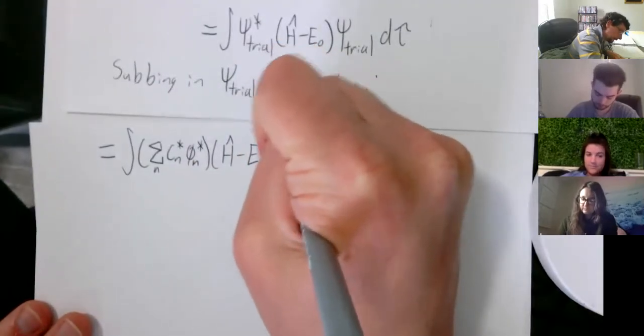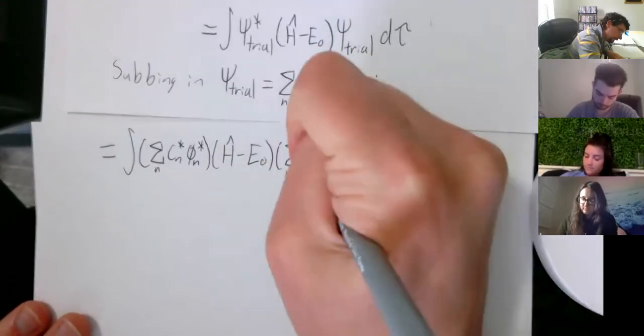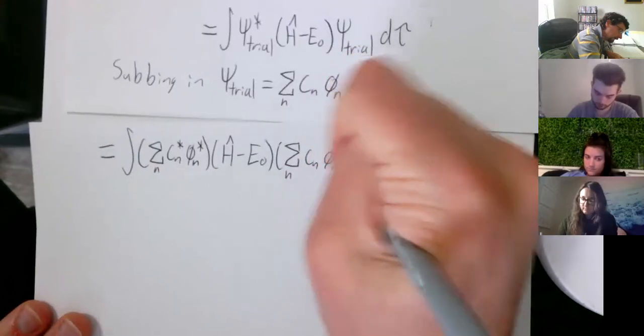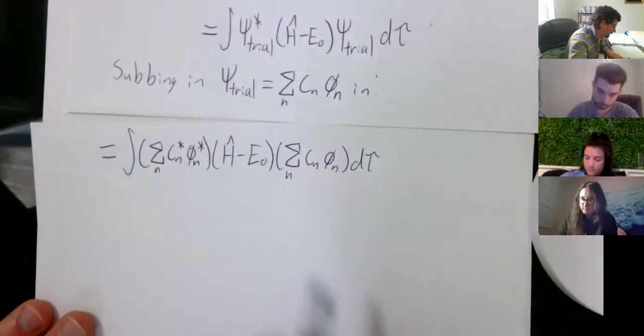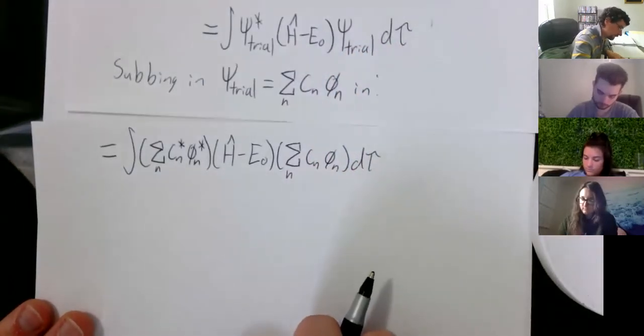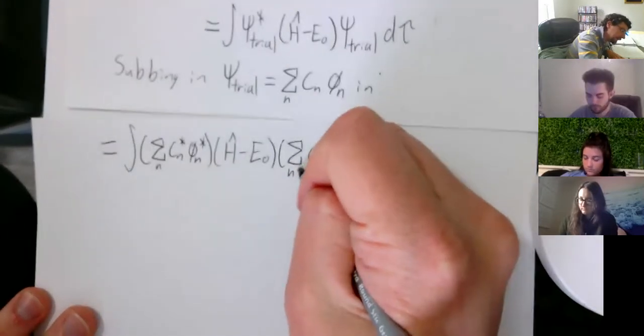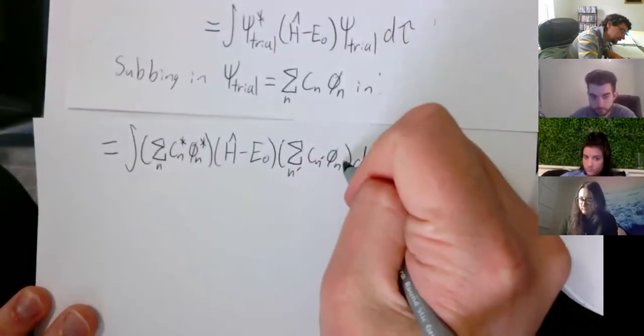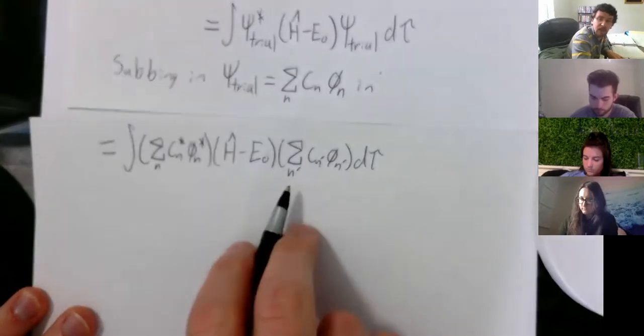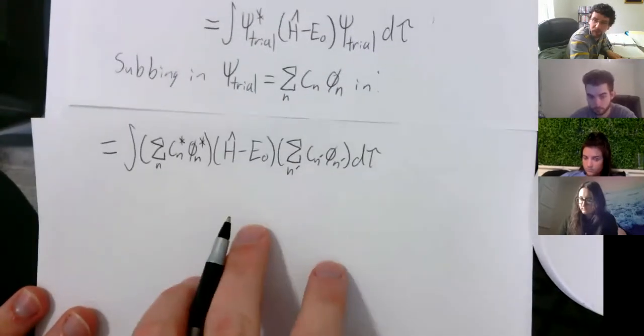We're going to apply the complex conjugate to each of these terms, excuse me, d tau. Okay, we're going to indicate something here. We're going to put n prime, because these n's don't necessarily have to be equal to one another.